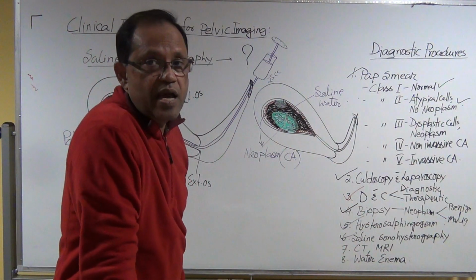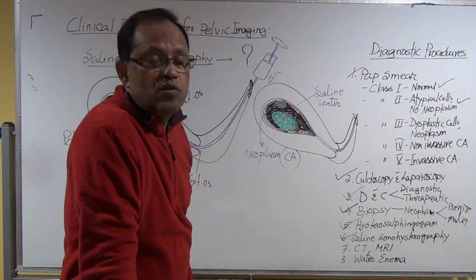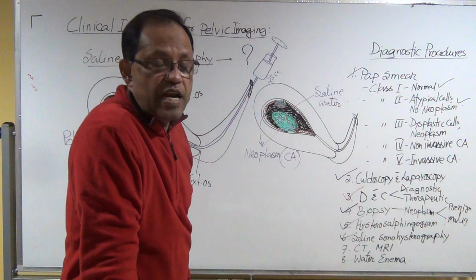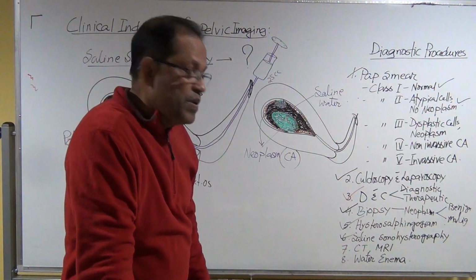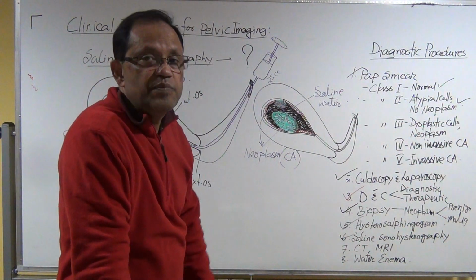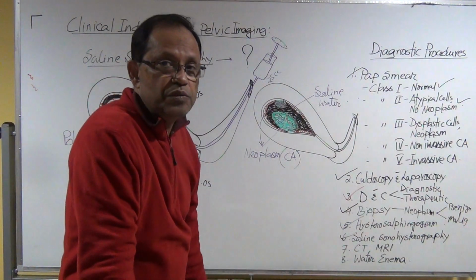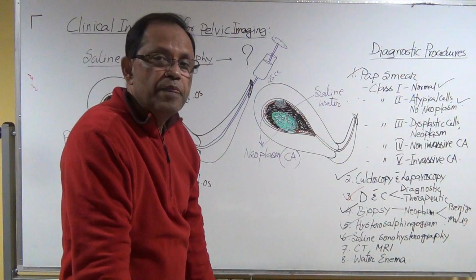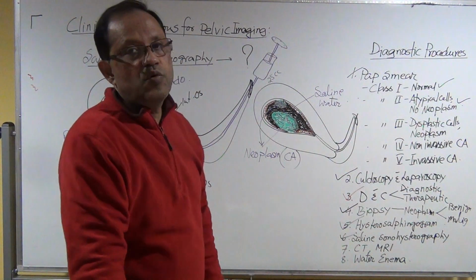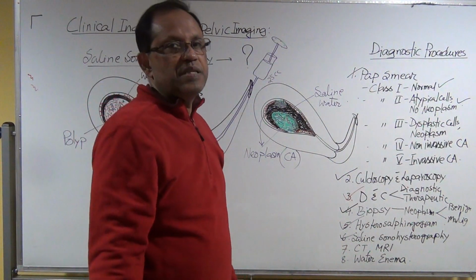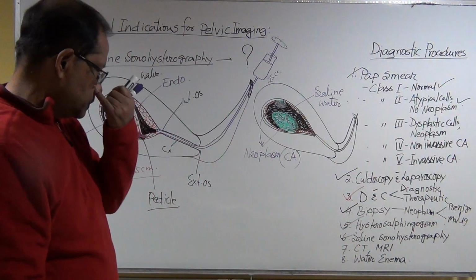And you know that MRI uses radio magnetic waves, not radiation, and MRI is expensive. You have to wait for approval too. The CT, you need an approval, but you can do it quickly and it's not as expensive as MRI.